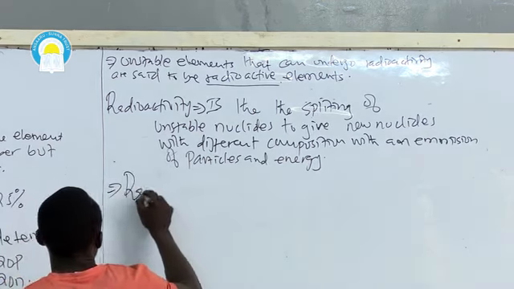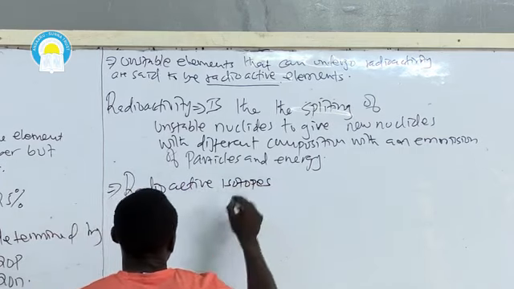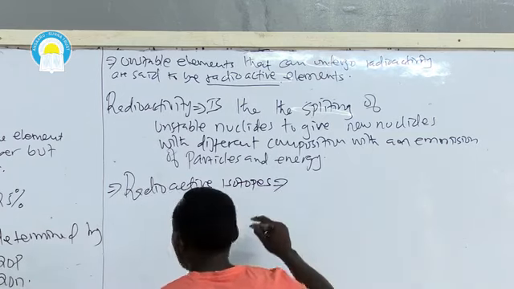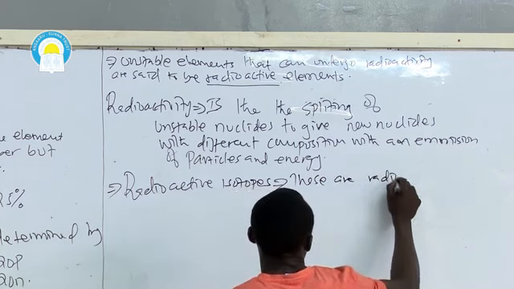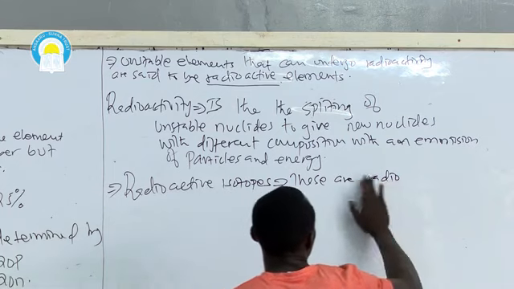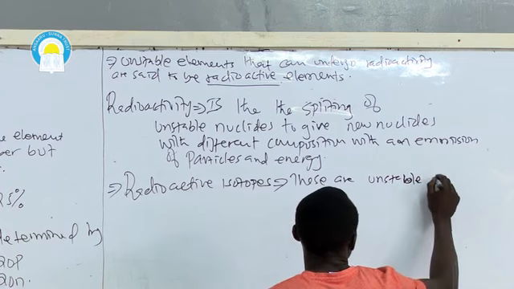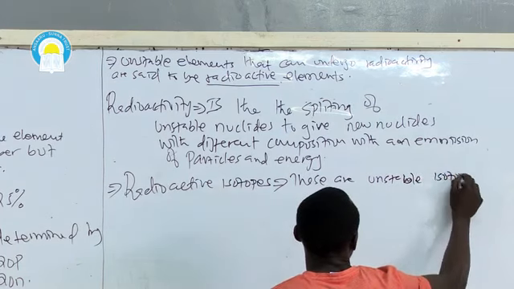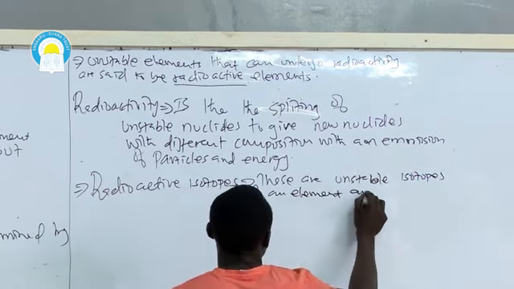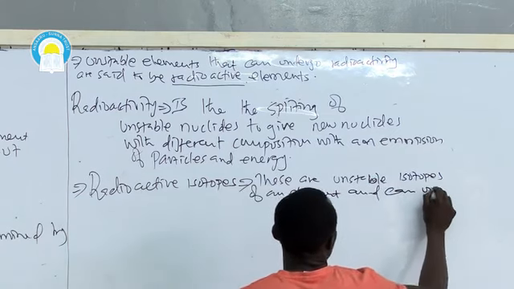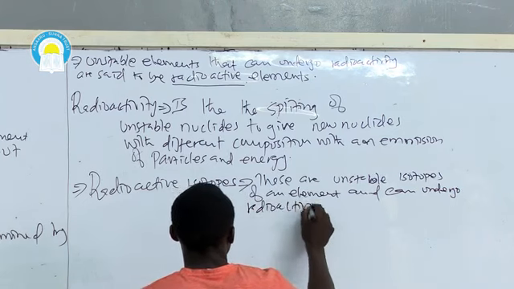Radioactive isotopes. Talk of radioactive isotopes. So we say these are unstable isotopes of an element and can undergo radioactivity.